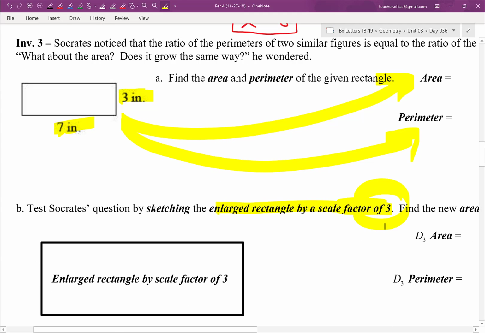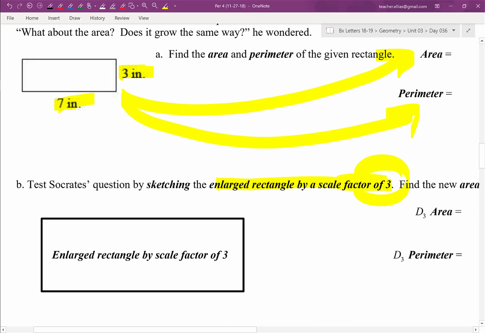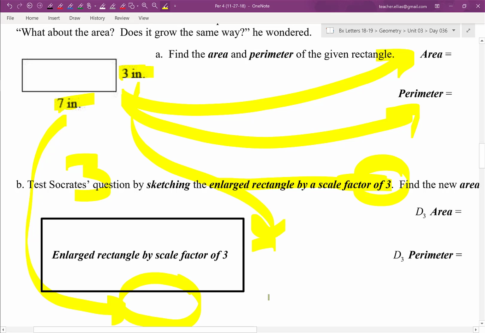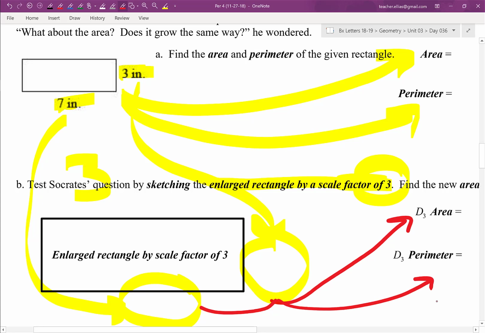You have a scale factor. Take that scale factor and have it give you the corresponding base. Take that scale factor and have it give you the corresponding height. And then last, use these numbers to tell me area and perimeter. Don't assume. Just go off of things that you know. I'll give you 5 minutes and then we'll talk.